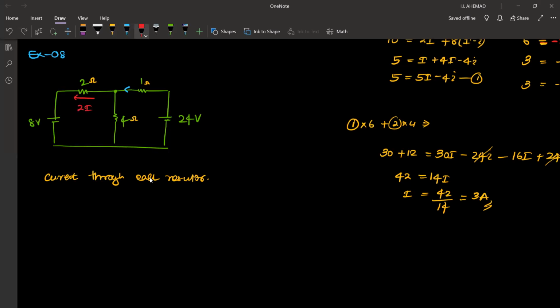Now I see two resistors that are in ratio. So can I tell like this? This is 2I and this is I. Is it correct or incorrect?